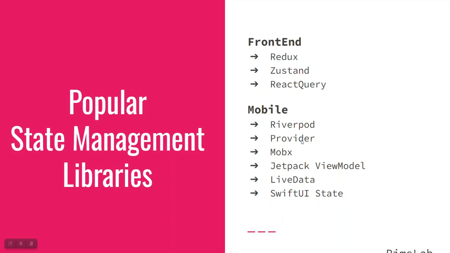We also have Vuex, which is very popular when you're working with React Native. Okay, and then for Java, we have Jetpack, ViewModel, and LiveData. And then if you're working with Swift, you have SwiftUI State. Those are some examples of popular state management libraries that are available.